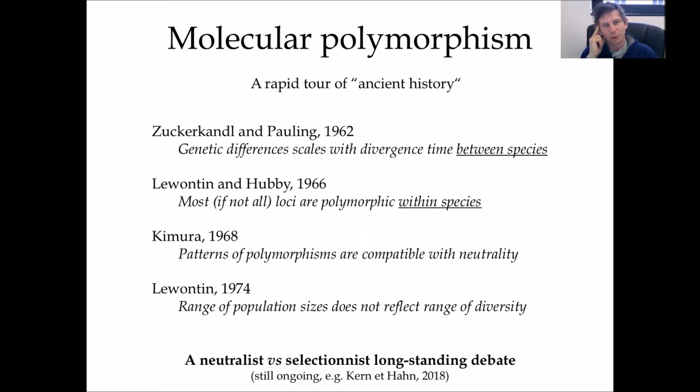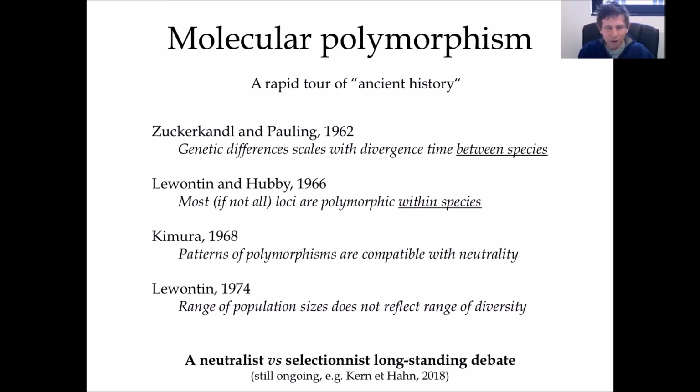An important observation is from 1962, when Emile Zuckerkandl and Linus Pauling noticed that when we count the number of genetic differences between two individuals belonging to two different species, somehow there is a linear relationship between the number of mutations that have occurred in the two different lineages that led to the two individuals. So individuals accumulate mutations linearly with time, at least at the between-species level.